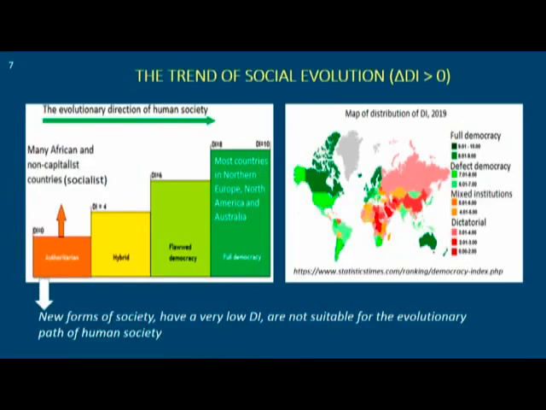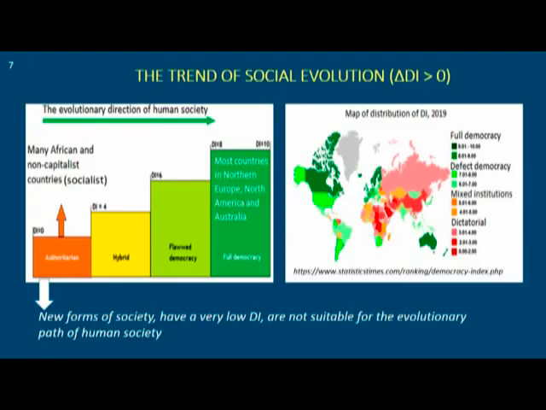Slide 7. Trend of social evolution. The picture in slide 7 shows 4 social groups according to increasing DI. Therein, the group with the lowest DI includes many African countries and socialist countries. The group with the greatest DI includes countries in Australia, Northern Europe, and North America.